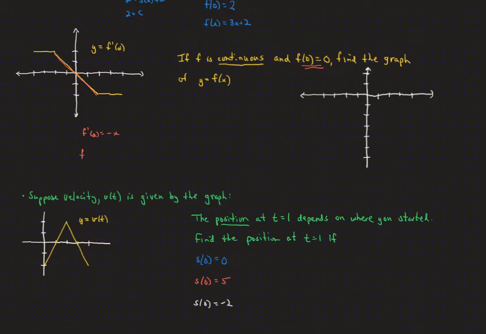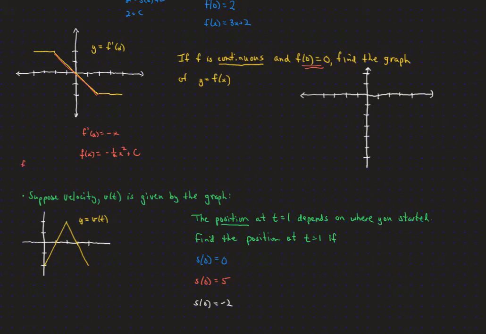That would mean the general antiderivative of f of x is going to be negative 1/2 x squared plus some constant. We can check that because if we differentiate x squared, the 2 times the negative 1/2 will cancel, and we'll just get negative x, and the derivative of the constant is 0.